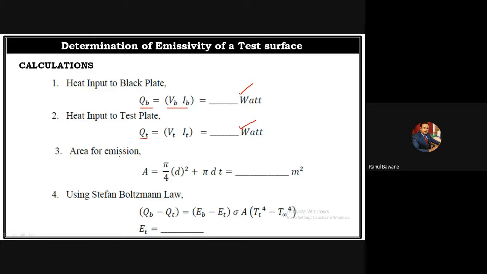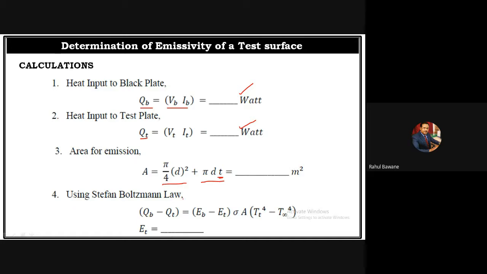So we are assuming the back side of the plate is not available for radiation. So the total area available for radiation is the front face, pi by 4 d square, and the peripheral thickness, pi d t, where t is the thickness. So this much area is available for radiation, whatever the heat supply to the black plate or test plate.